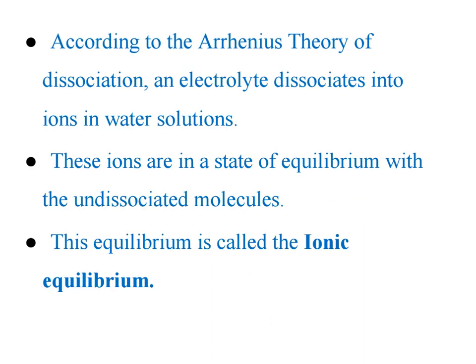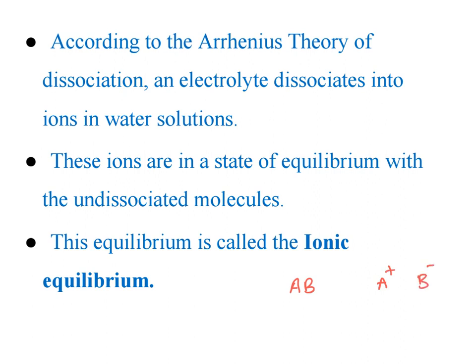According to the Arrhenius theory of dissociation or ionization, an electrolyte dissociates into ions in water solution. Let us assume an electrolyte AB which dissociates into ions in water, A plus and B minus.